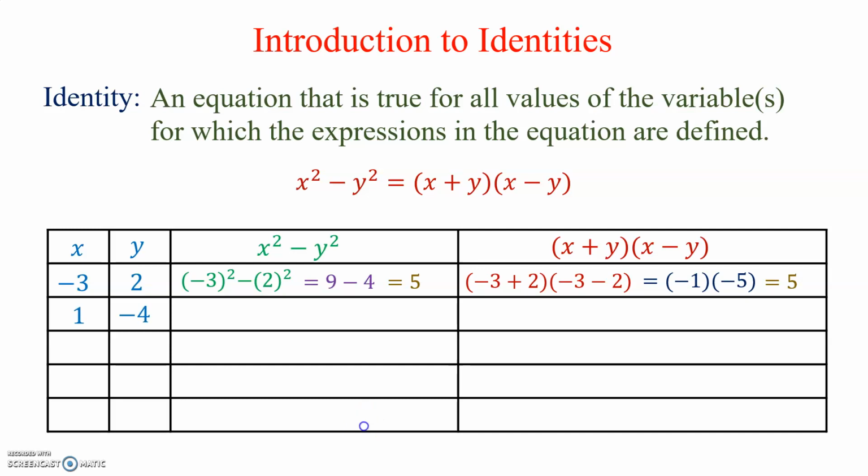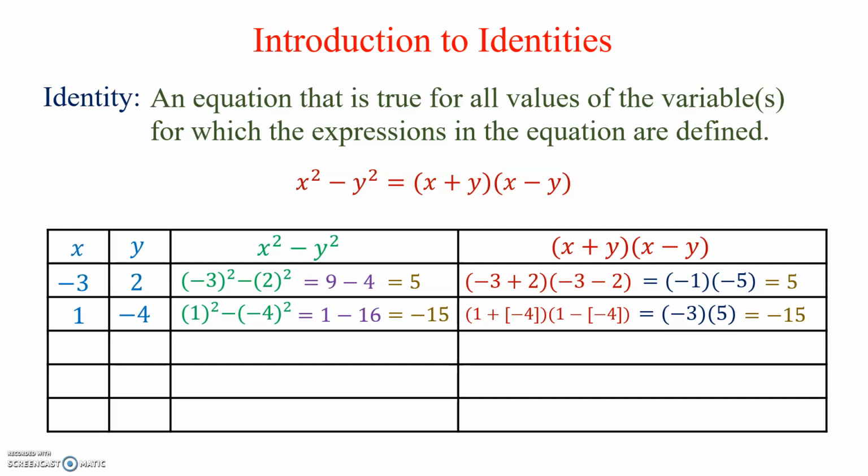Let's do 1 and -4. When we square 1 and when we square -4, we get 1 and 16. When we subtract them, we get -15. Substituting into the right side, the sum of 1 and -4 gives us -3, and the difference gives us 5. And again, when we multiply, we get the exact same value as the left side.